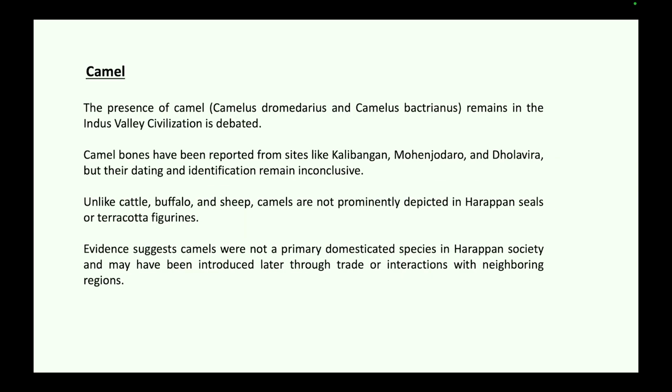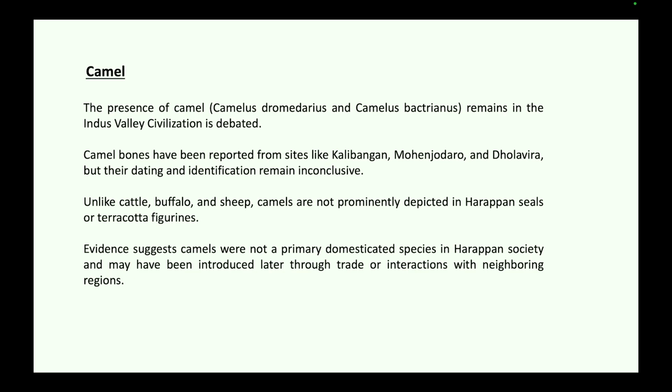The camel. The presence of camel, Camelus dromedarius and Camelus bactrianus, remains in the Indus Valley civilization is also debated. Camel bones have been reported from sites like Kalibangan, Mohenjo-daro, and Dholavira, but their dating and identification remain inconclusive.